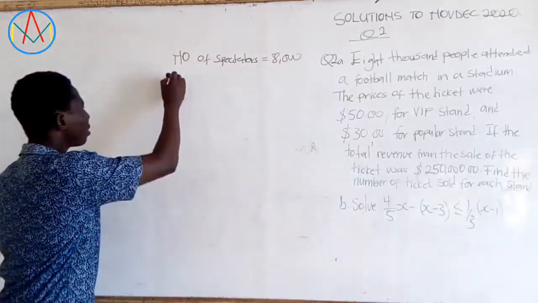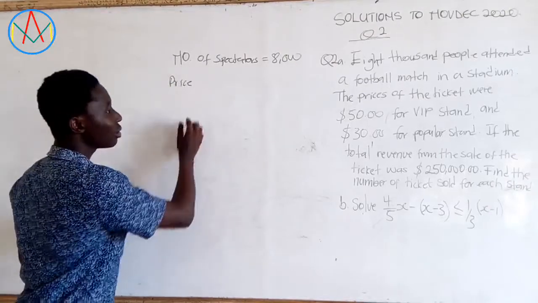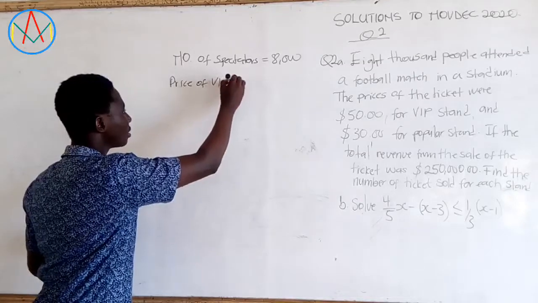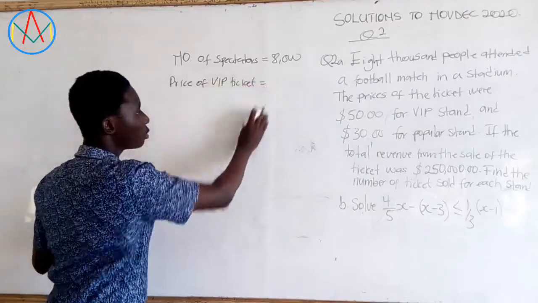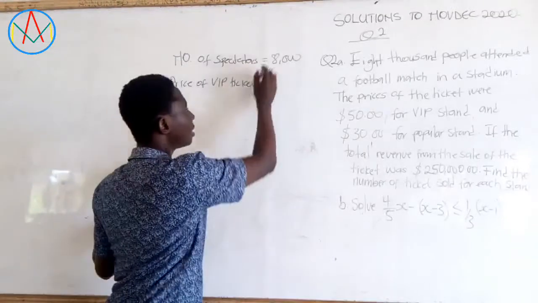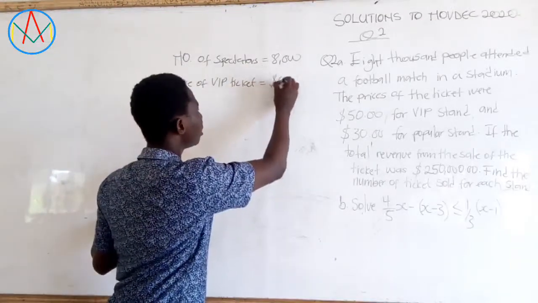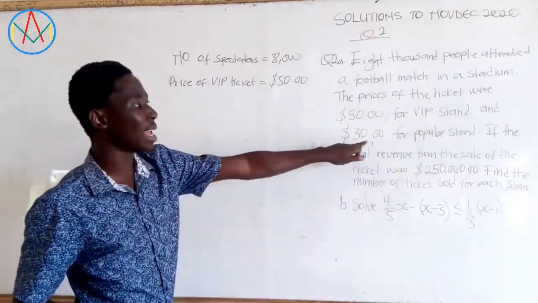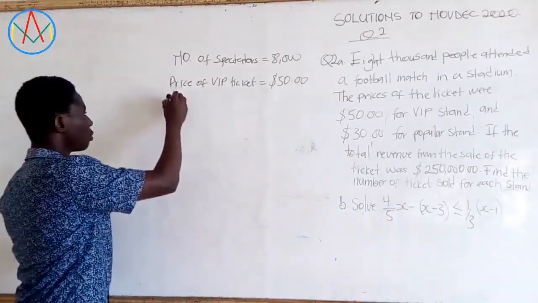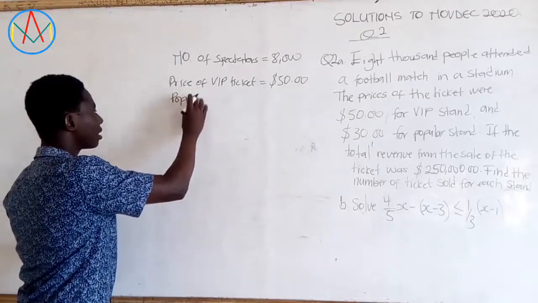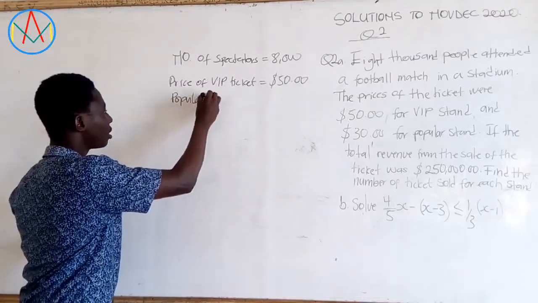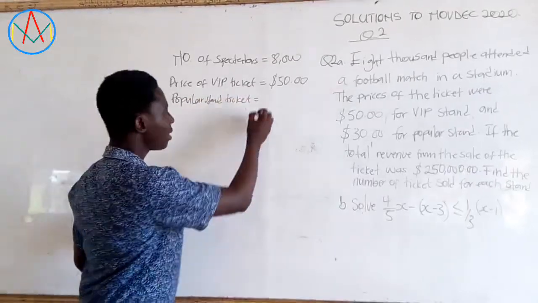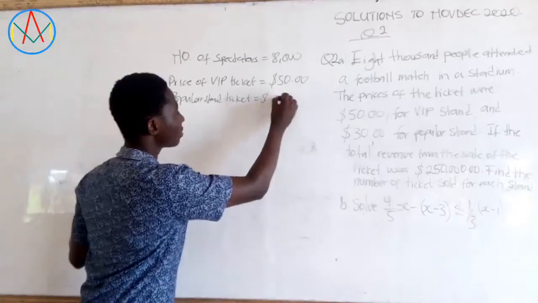So the price of VIP tickets was $50, and the price for popular stand ticket was $30. So popular stand ticket was $30.